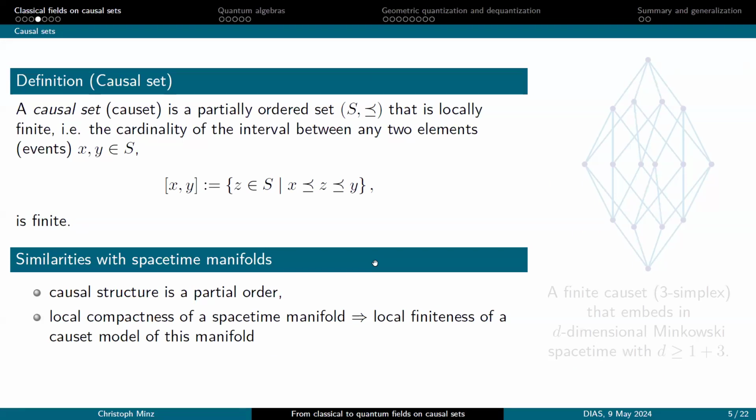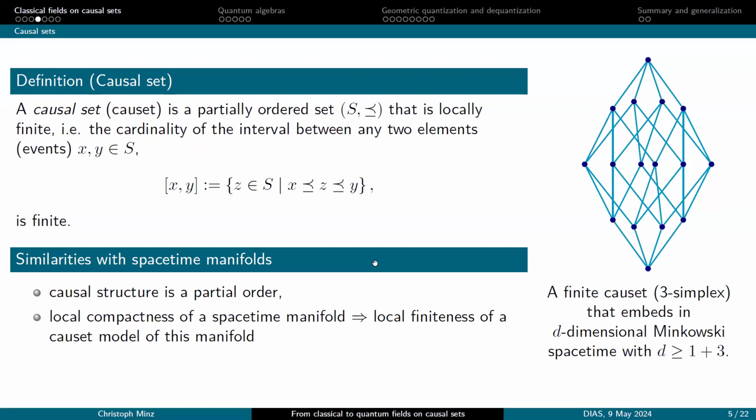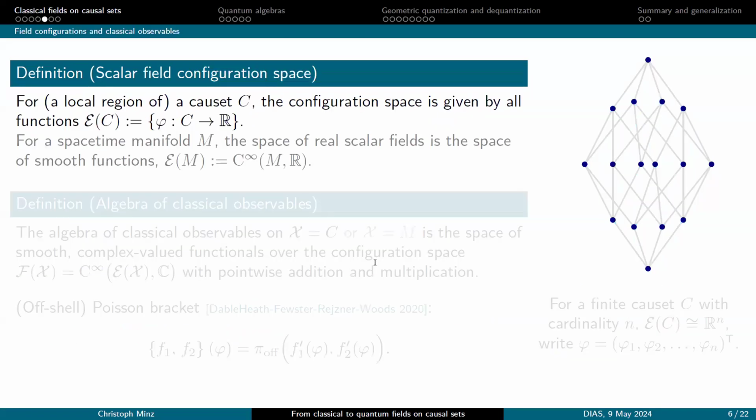For the following slides, I will use this example as a causal set. It is one example of a causal set that needs at least 4 dimensions of Minkowski space to be embedded. It's essentially the simplest causal set you can think of. This is a 3-simplex represented as a causal set, and we will use this as an example.